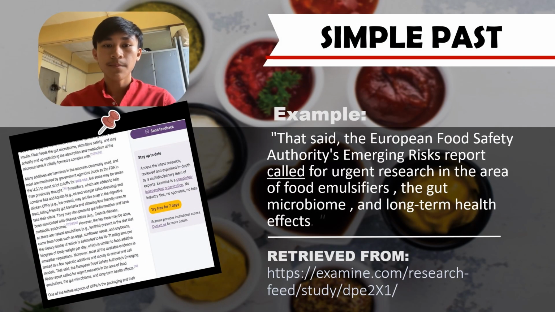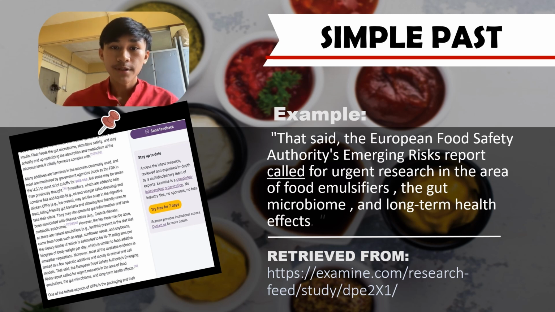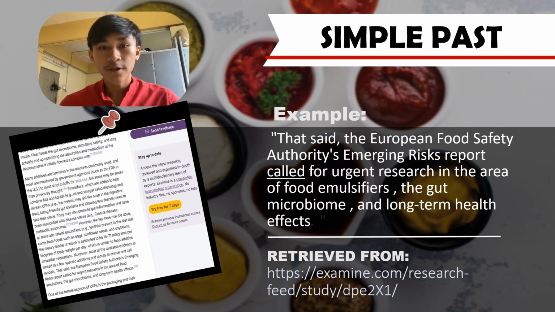Next, simple past. For simple past, we have three different parts, which is regular verbs, irregular verbs, and be verbs. For regular verbs, we must end our verb with an ed ending. Then, for irregular verbs, we change the original verb form to a different verb form.